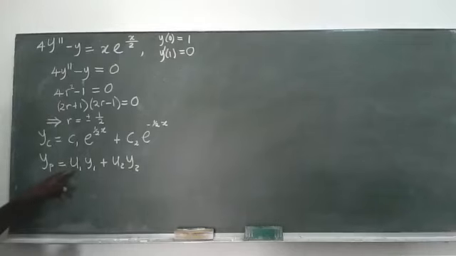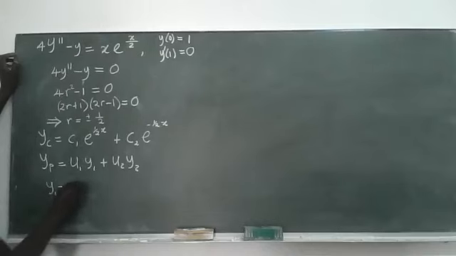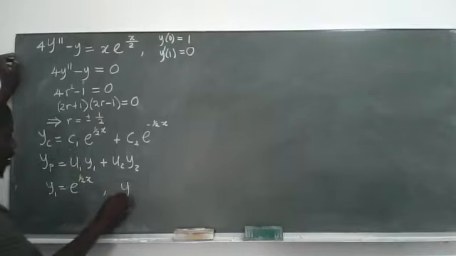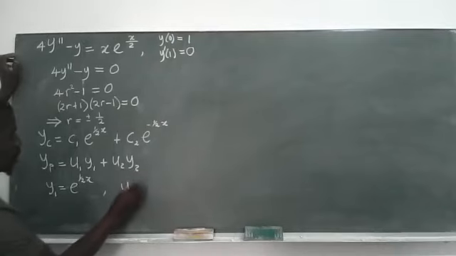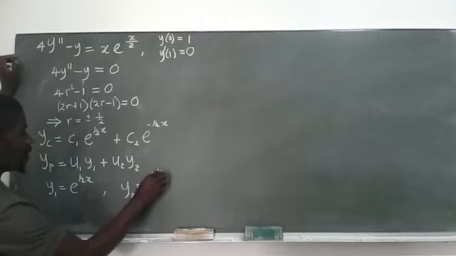So we need now to determine u1 and u2, because from these we can match that y1 is equal to e to the half of x, which is exactly the function being multiplied by c1, and also y2 is equal to this other piece, e to the power negative half of x.